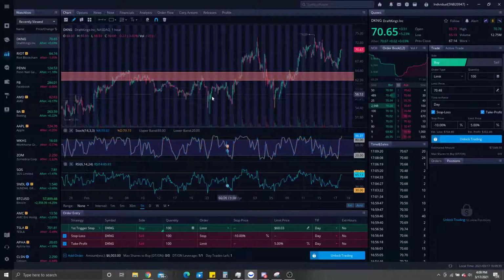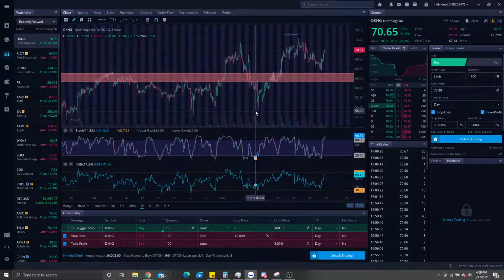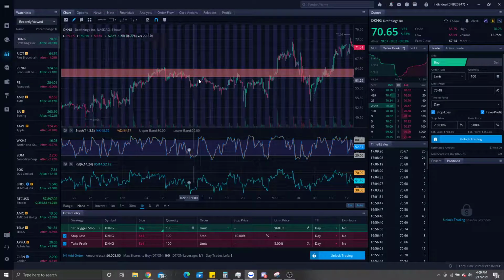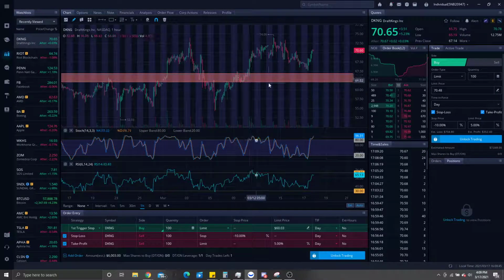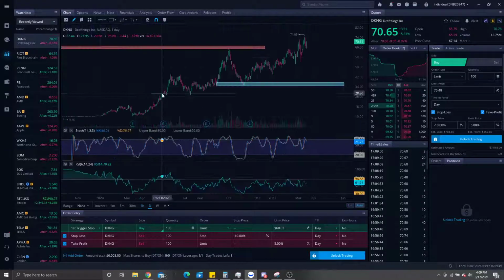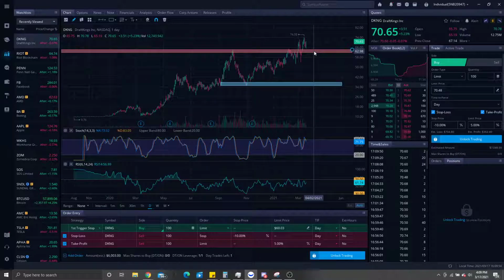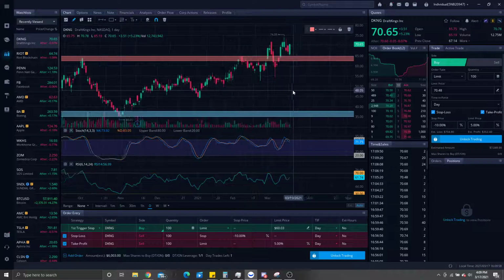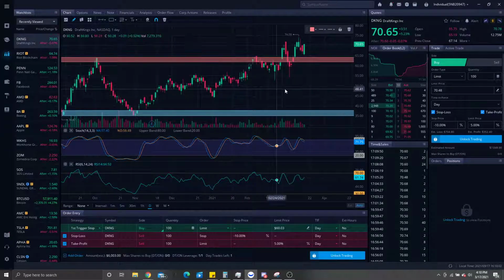So you've got your zone. This is drawn on the daily chart, so we know that this is a very, very prominent zone. A lot of people are seeing action here. Oh, damn it, I just moved it. Sorry. Let's put it back. There we go.